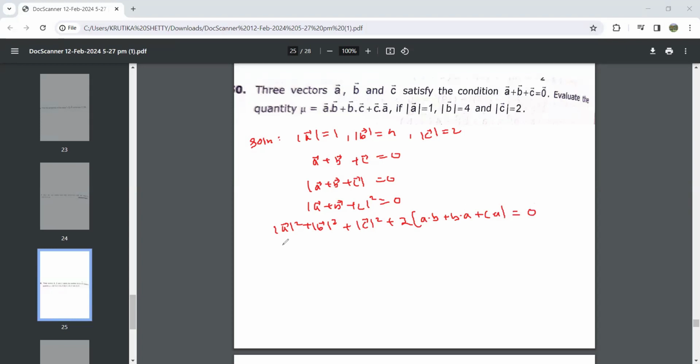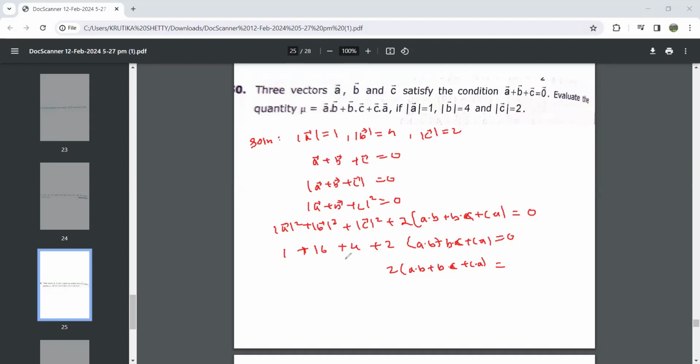Here I will write the terms directly: 1 square is 1, 4 square is 16, and 2 square is 4, plus 2 times the quantity we need to calculate, which is equal to 0.